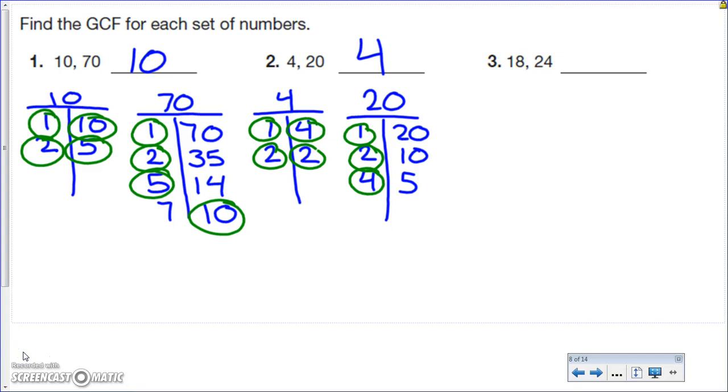Next, we're going to do the same thing for 18 and 24. So we're going to create the little charts and list the factors for both numbers.